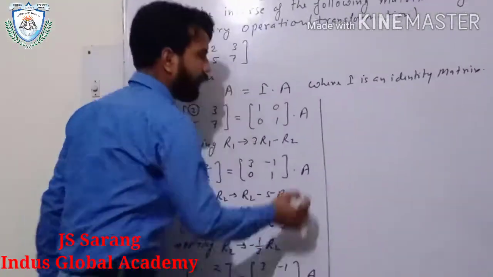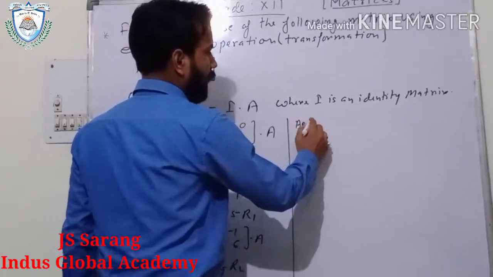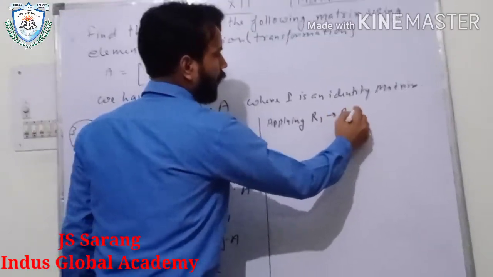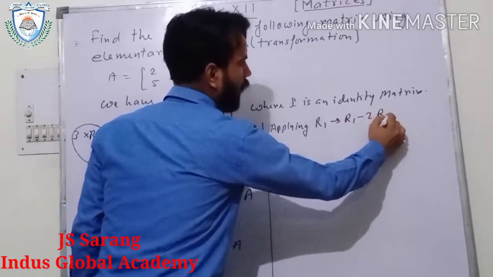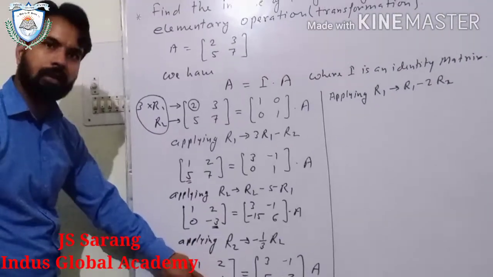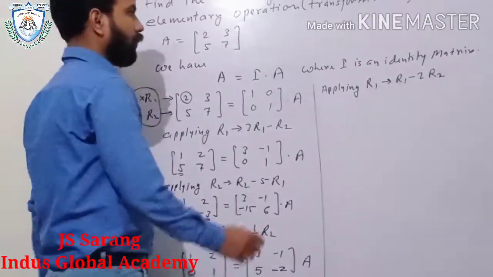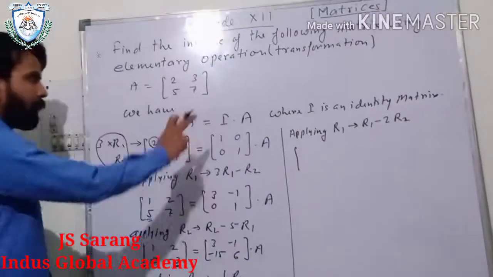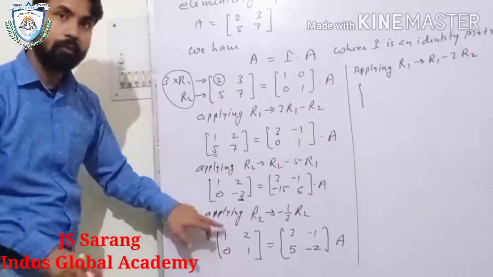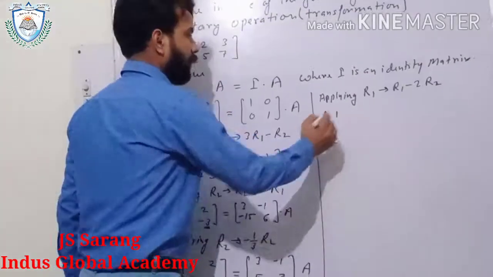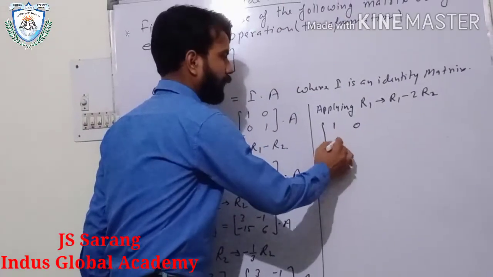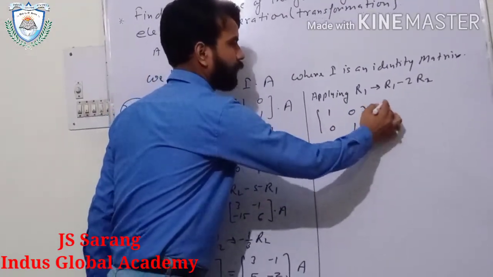So here we are applying the operation in R1, R1 minus 2R2. 2 minus 2 ones are 2, that will be 0. 2 into 0 is 0, so 1 minus 0 is 1. Second is 2 minus 2 ones, that is 0, and 0, 1, equal to.